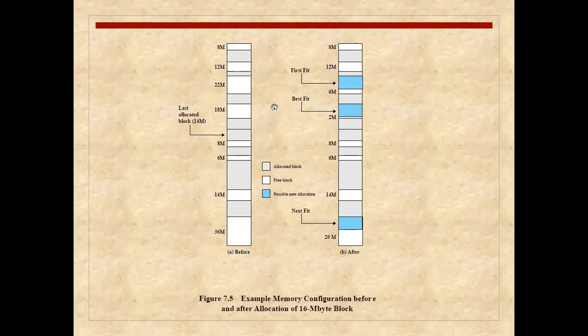So there are three different techniques for placing a 16 MB block in this memory. These three techniques are first, best, and next. First, we are talking about first fit.